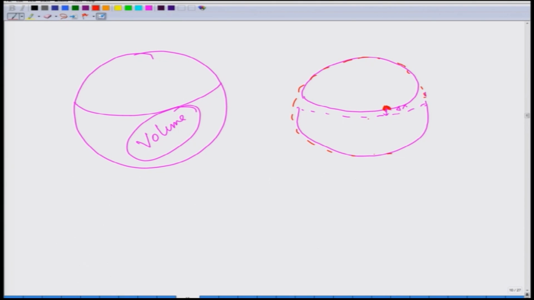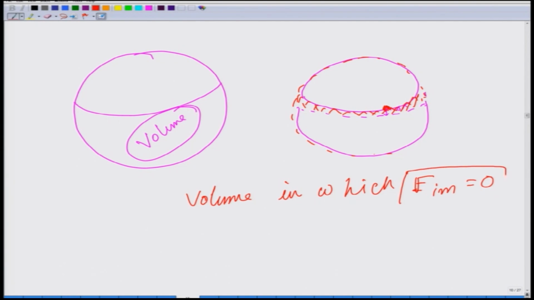I just pulled it up, so I get this extra volume, in which E inside is 0, because you know from the lecture notes that inside the metal sphere the electric field is 0.